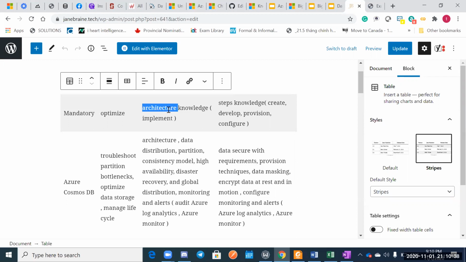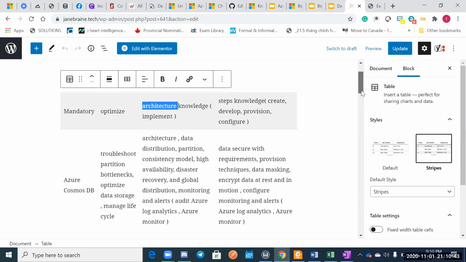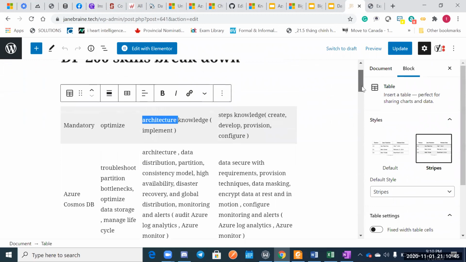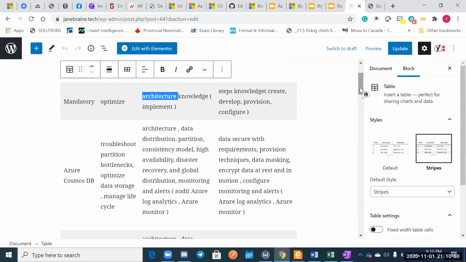Another type is step knowledge, and Harris, you attended the sharing session from Sid, and you must have heard me asking him this question. What step knowledge is, basically, is that in the exam they will ask you, for example, if you want to monitor with Log Analytics, what steps do you need to go through to get to the Log Analytics level, or for example provisioning, what steps you will have to select first.